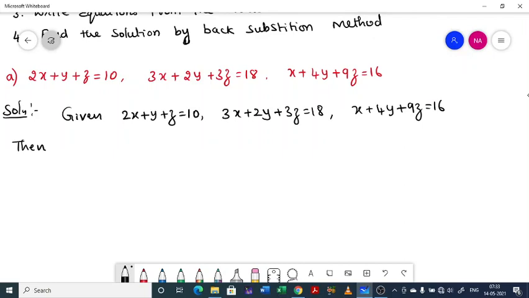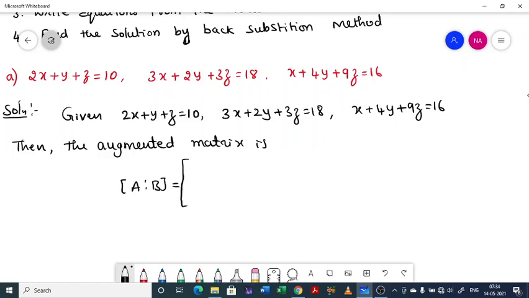Then the augmented matrix A colon B is equal to 2 1 1 colon 10, 3 2 3 colon 18, 1 4 9 colon 16.